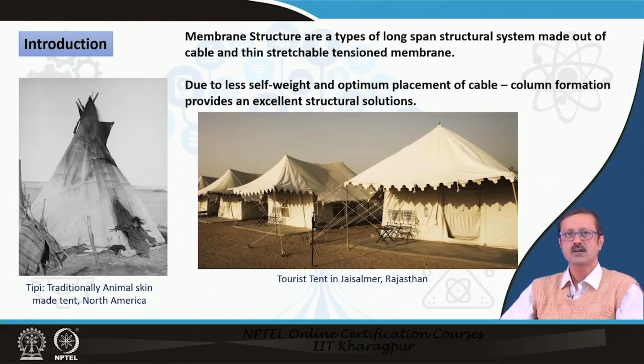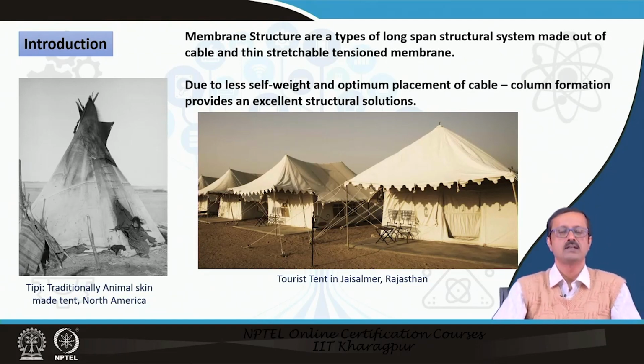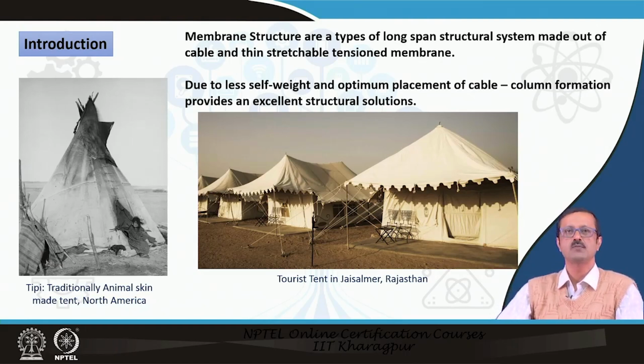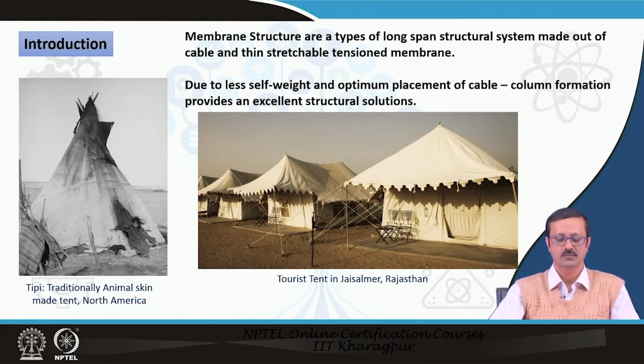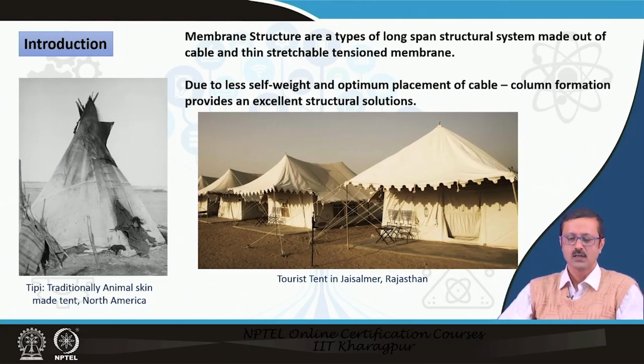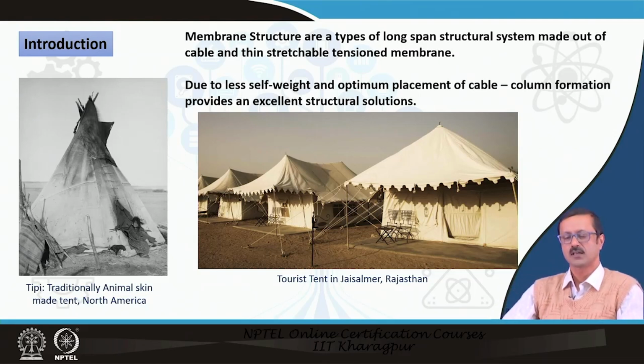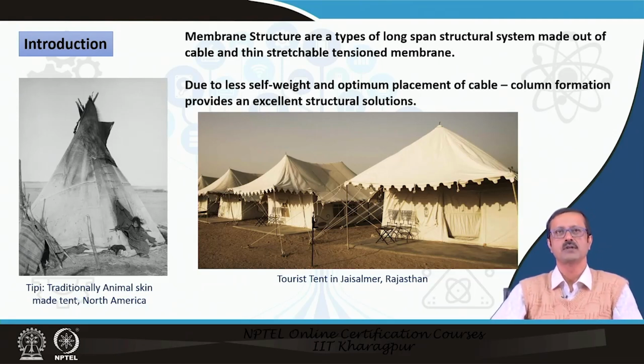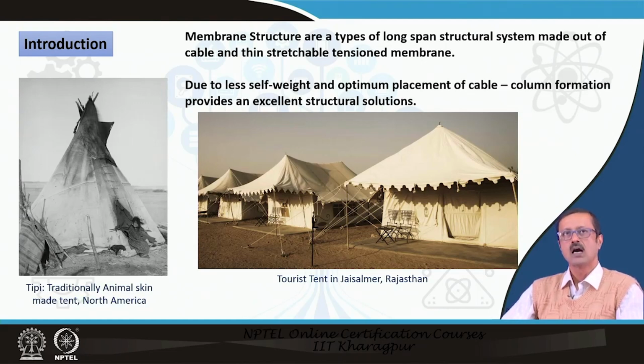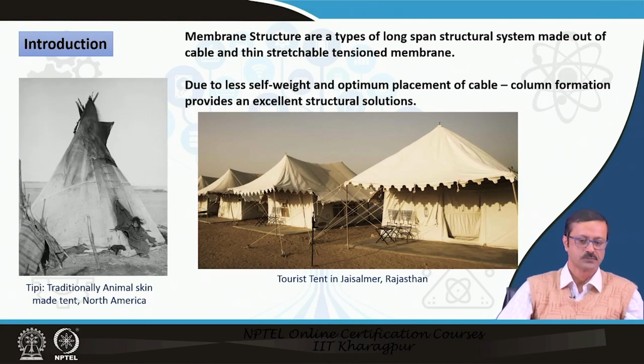The points of column support or internal mast have to be minimized; that is one of the fundamental goals. We also have to see the profile of the membrane, and the profile of the cable supporting the membrane must be such that it does not cross the limit of its stress.